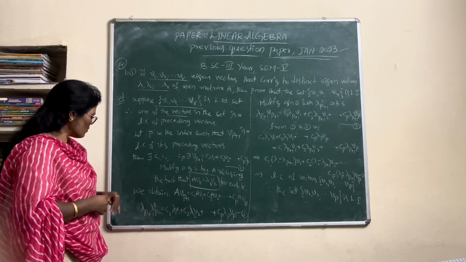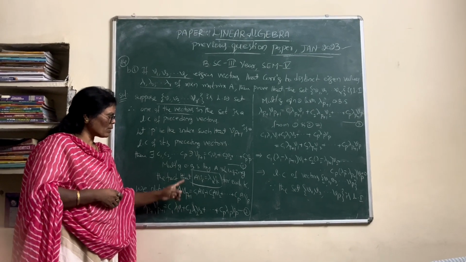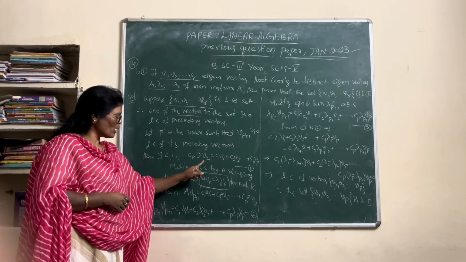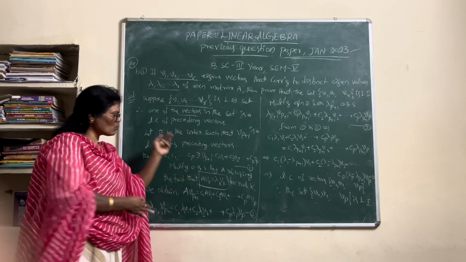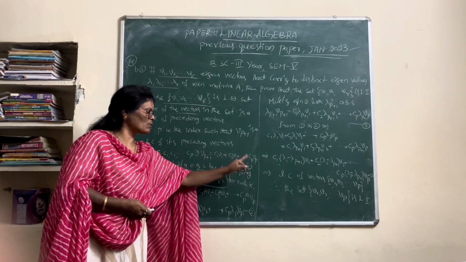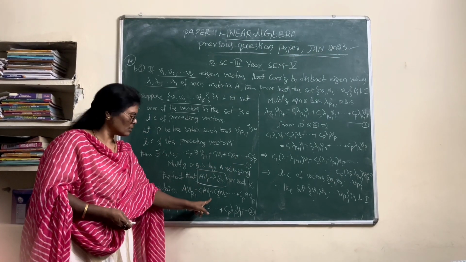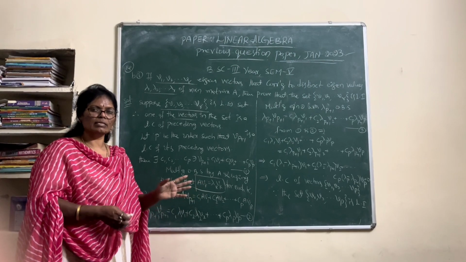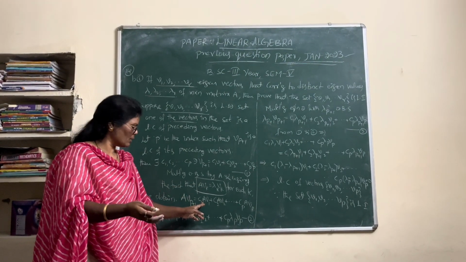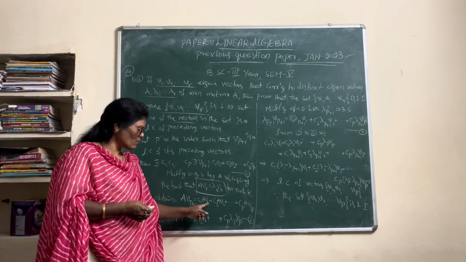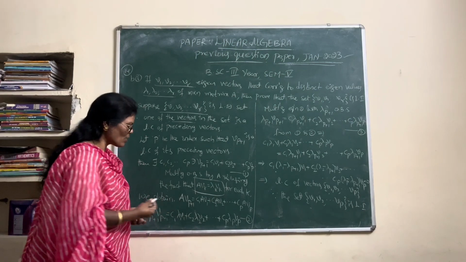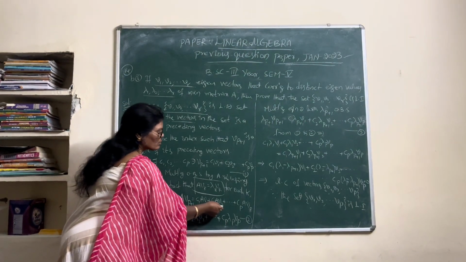We obtain A Vp+1, because we are multiplying both sides by A. So A into Vp+1 is equal to A into C1 V1 plus A into C2 V2, so on, A into Cp Vp. C1, C2 are constants, scalars, so I take them inside: C1 into A V1 plus C2 into A V2, so on, Cp into A Vp.